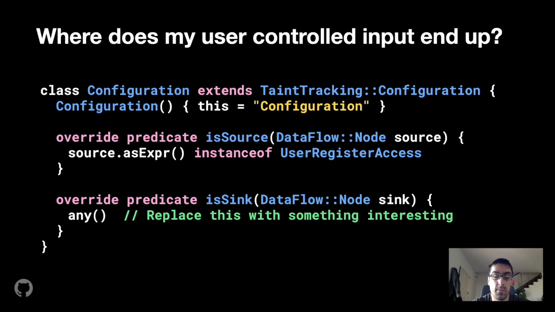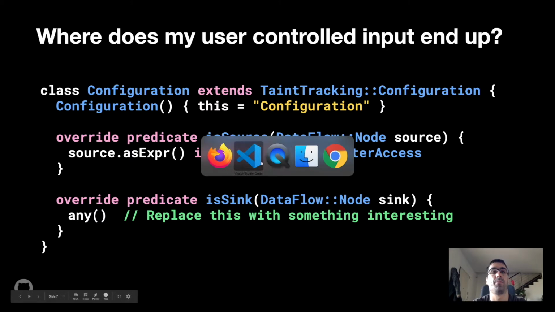The second predicate that you need to implement is called isSink, which is going to define what expression will be considered relevant if taint data reaches it. In our case, we will create different things that will illustrate security relevant properties of the code base. So we are going to see an example now of how we can do that.